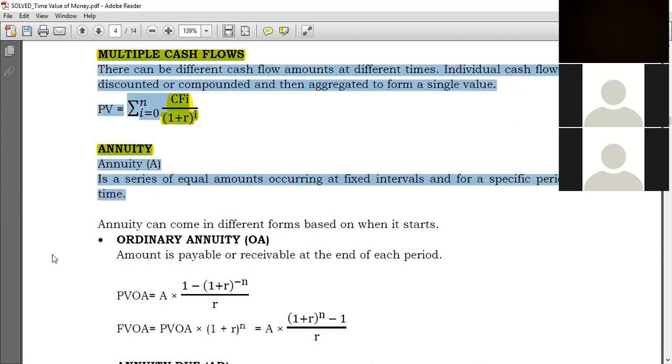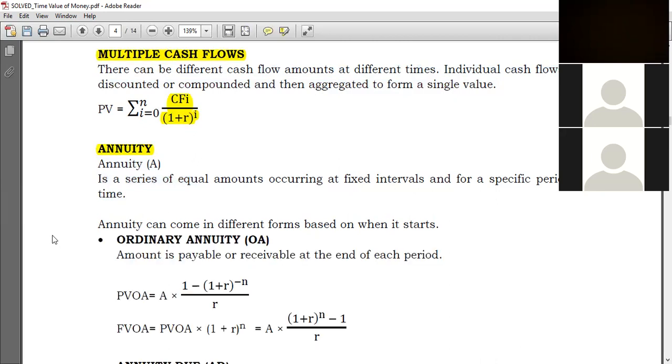So simply speaking, an annuity can come in different forms based on when it starts. For example, let's say you need to pay rent to the landlord. Actually, landlords need to be paid in advance. If you need to pay the amount at the beginning of each year, you pay at the beginning of each year. But there are also things that you receive or pay at the end of the period. If something is payable or receivable at the end of the period, we call it ordinary annuity.